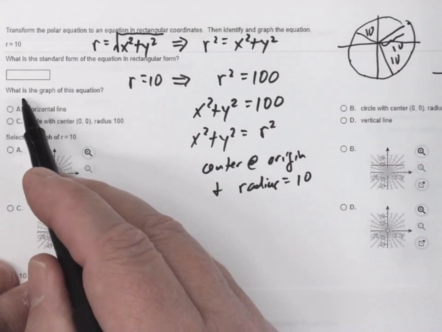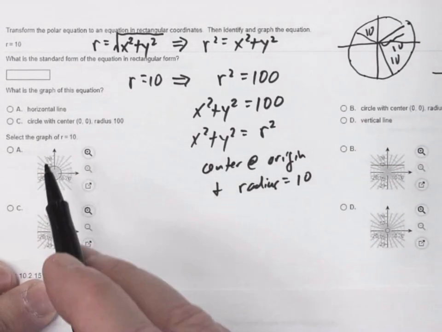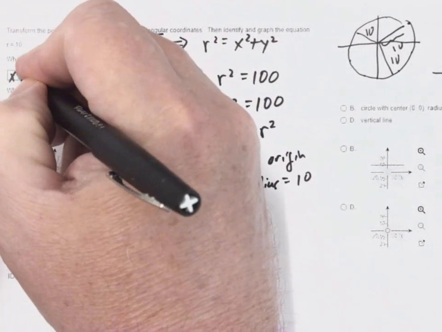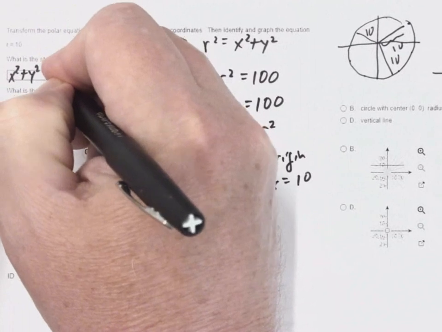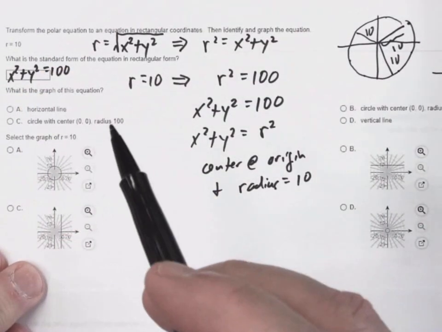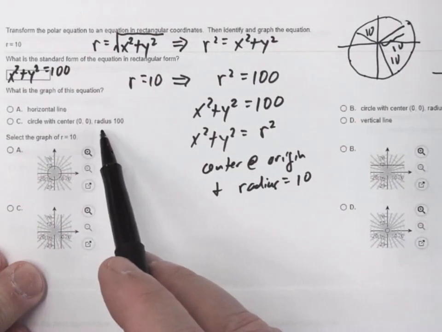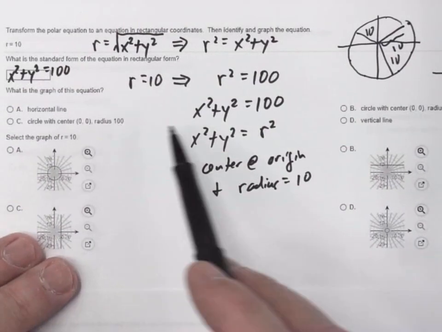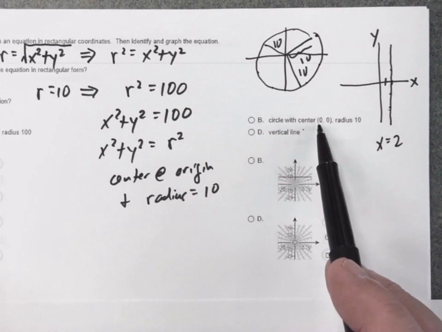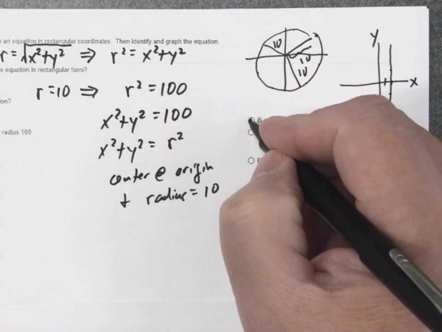The first part says, what's the graph of this equation? So I would enter x squared plus y squared equals 100. And then what is this? Well, it's a circle. Here it says radius 100. It's not correct. Here, circle with center at 0, 0, radius 10.